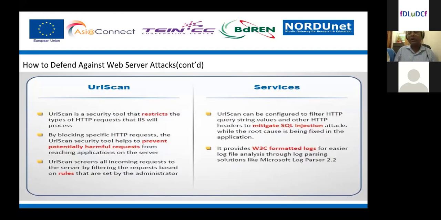And also it provides W3 formatted logs, because this is an international standard log system, and the URL scan will give you the W3 formatted log system, which will secure your system, and you can see all the information using this log system.